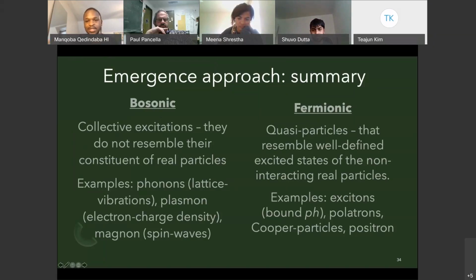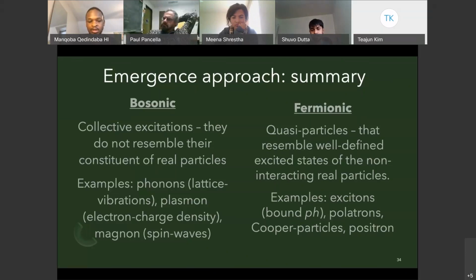It's quasi because it's not really a particle in its own right, but derived from the underlying system. And so these ones have some resemblance. What I just showed you, the particle-hole, is called an exciton. For those who were there in the previous general club meeting, we saw bi-excitons, and bi-excitons basically mean you now have two of the particle-hole states, if that makes sense.